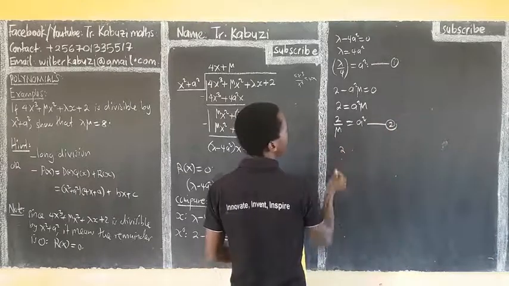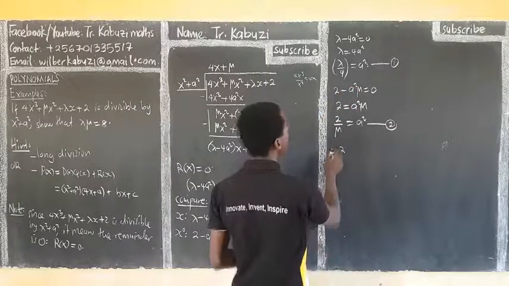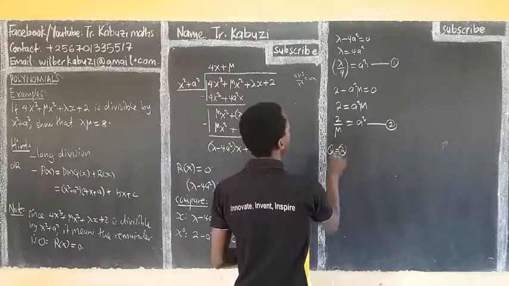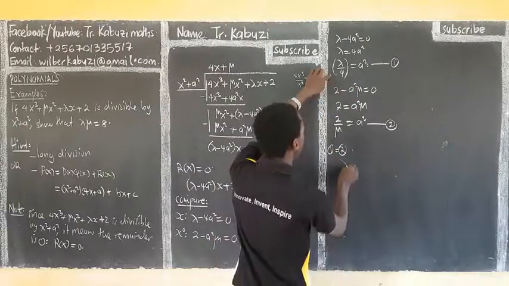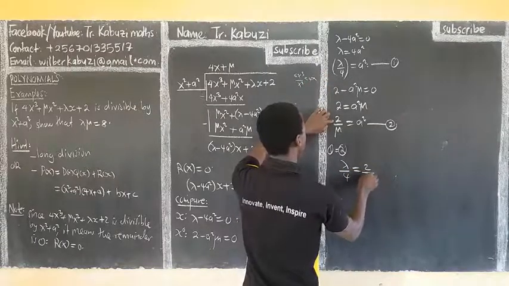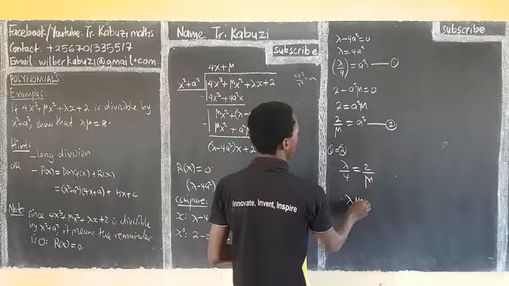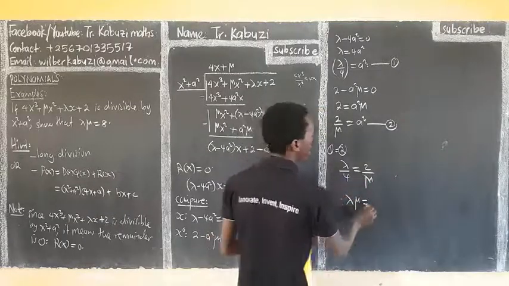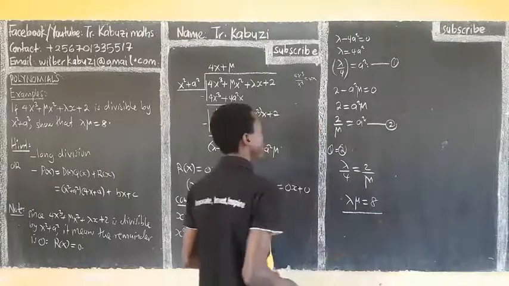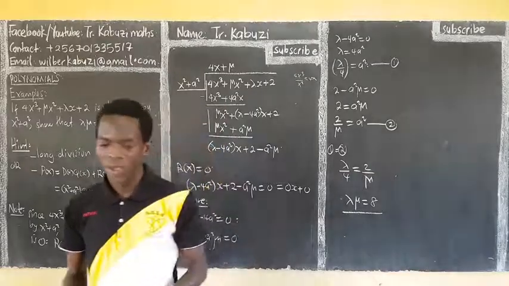So you see that 1 is equal to 2. My 1 is lambda over 4 equal to 2 over mu. When you cross multiply, our lambda mu will be equal to 8. And the proof is done. That's why we have that, members. I wish you well.